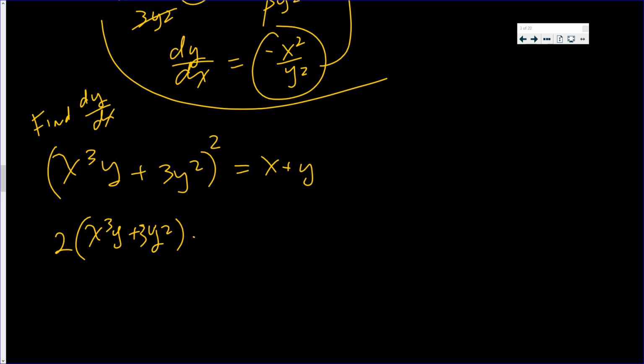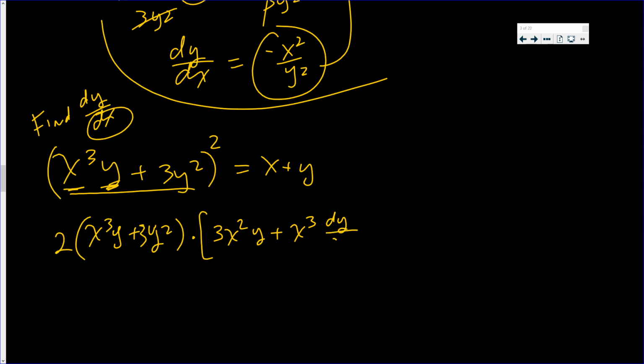Okay, times the derivative of what's inside. This here is a product, so it's the derivative of the first. Since it's in terms of x and we're taking a derivative with respect to x, nothing has to be multiplied, times the second function, plus the first function times the derivative of y, which is 1, which you don't have to multiply by. It's in terms of y with respect to x.